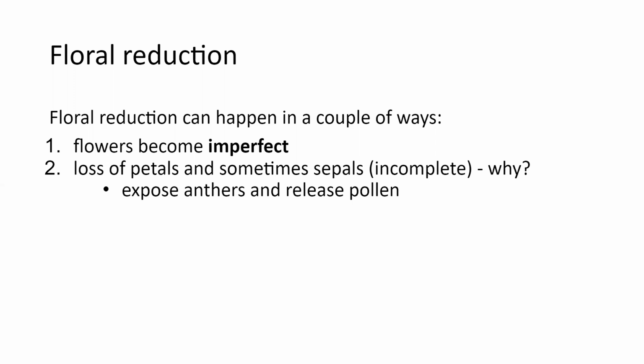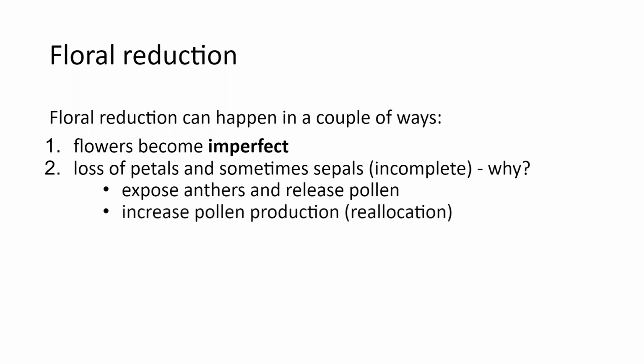So that might be an advantage. You see lots of examples of trees that have apetalous or asepalous flowers. Often these are trees that flower before the leaves come out, very early spring, when the branches are exposed, because that's an evolutionary advantage for that pollen to travel as far as it can.